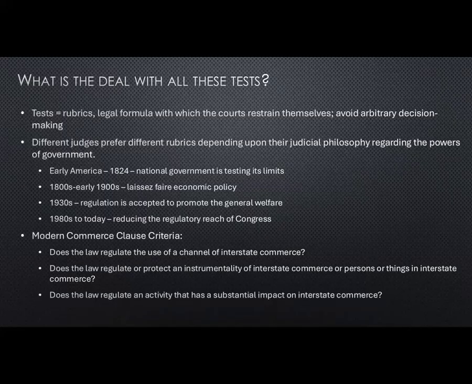And then the one that was the subject of the Wickard versus Filburn case and those other ones on the last slide: does the law regulate an activity that has a substantial impact on interstate commerce? So those are the 3 that tend to be applied in the Commerce Clause decisions.